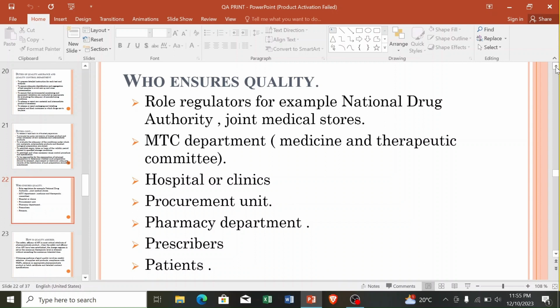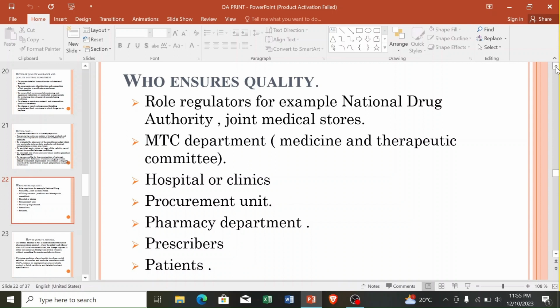WHO, the World Health Organization, is also part of those who need to enforce quality. The Medicine and Therapeutic Committee as well ensures quality. Hospitals or clinics ensure quality, that is hospital administration and clinics.